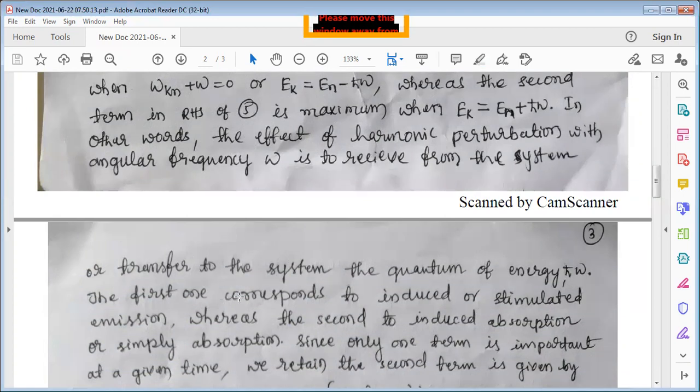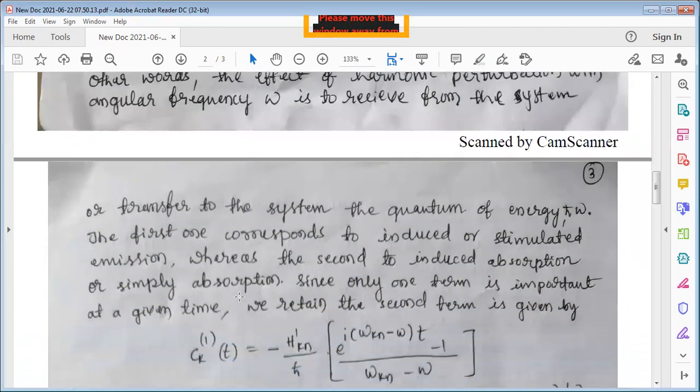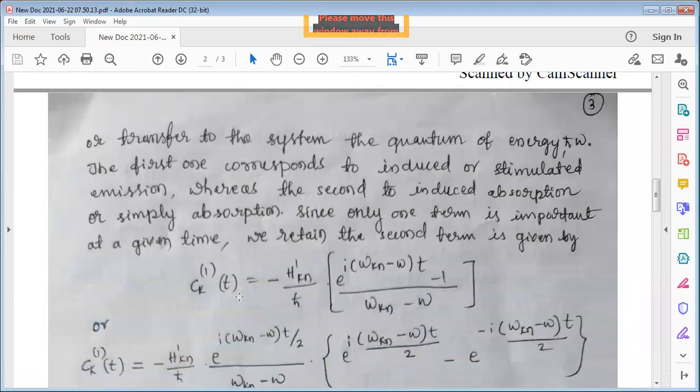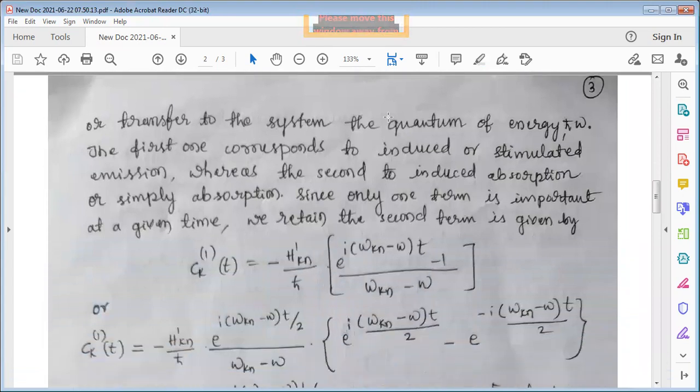The first term corresponds to induced or stimulated emission. Induced or stimulated emission means the atom is already in the excited state, because here Ck1, as I told, is the Ck1 term.